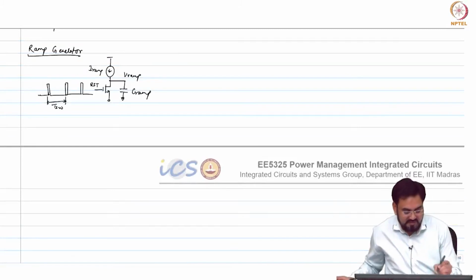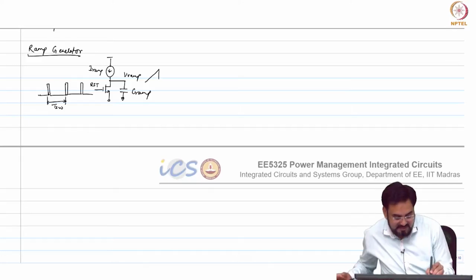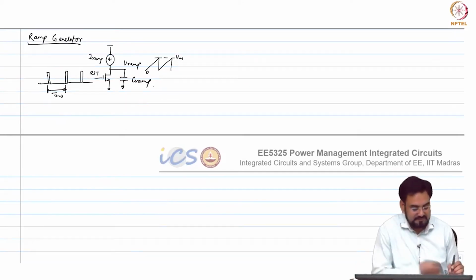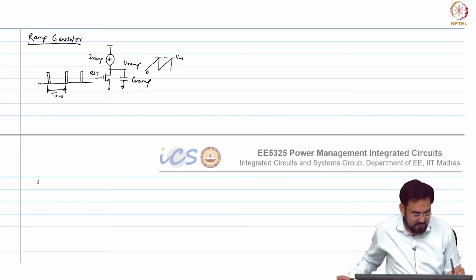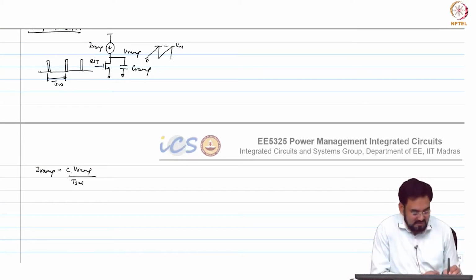So, from here, if this is going from 0 to, let us say, VM, what will be the VM? C VRAM over TSW. Okay.